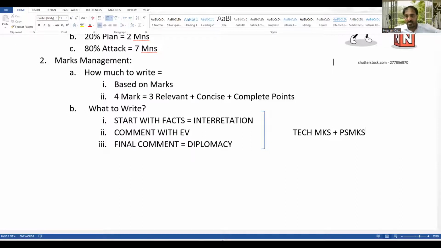Both the things. First you need to start thinking with the technical marks. But at the last moment, you also need to think about the icing on the cake, the professional skill marks. Okay, I will write the answer.